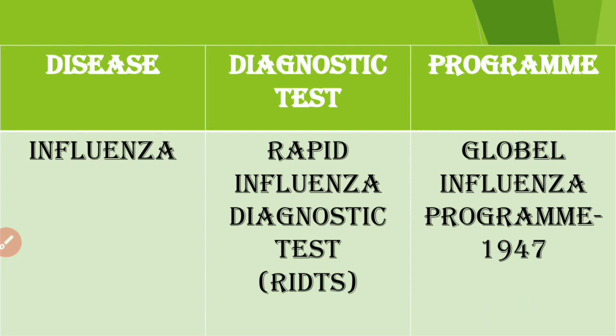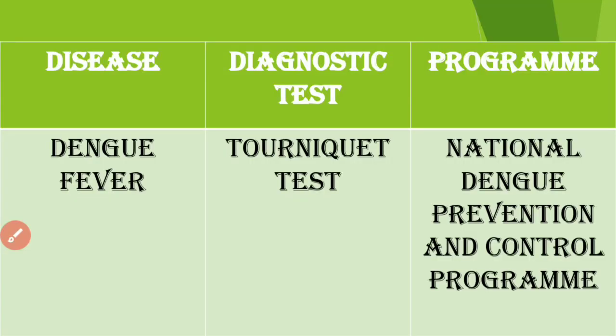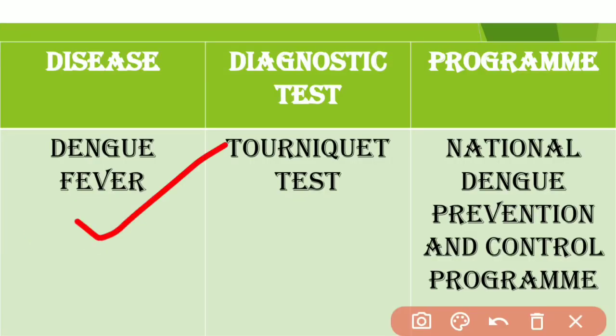This is a viral infection of the lungs, nose and throat, and the identification test is the rapid influenza diagnostic test, the RIDTs, which is an immunoassay that identifies influenza A and B, and their program is the Global Influenza Program, 1947.